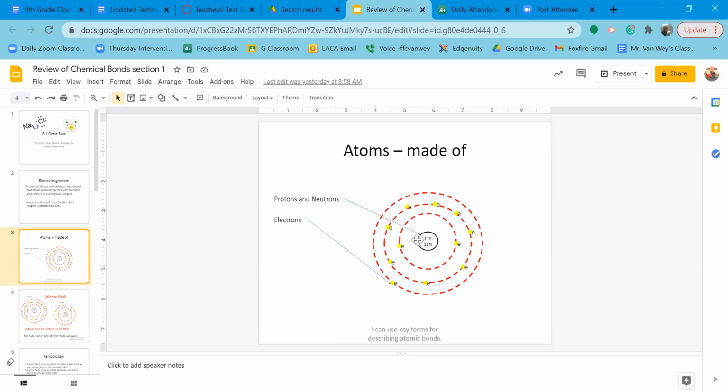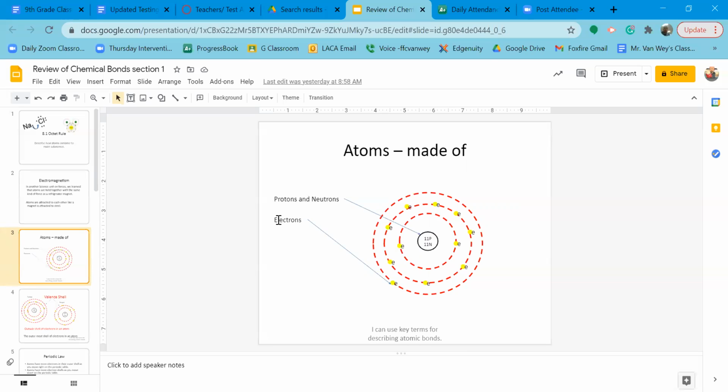From here on out, we're going to focus on the electrons and the electron shells, and that's where chemistry happens. Anytime matter changes and it deals with protons and neutrons, you're talking about things like nuclear explosions and things of that nature. We're not getting into that in a high school physical science class.